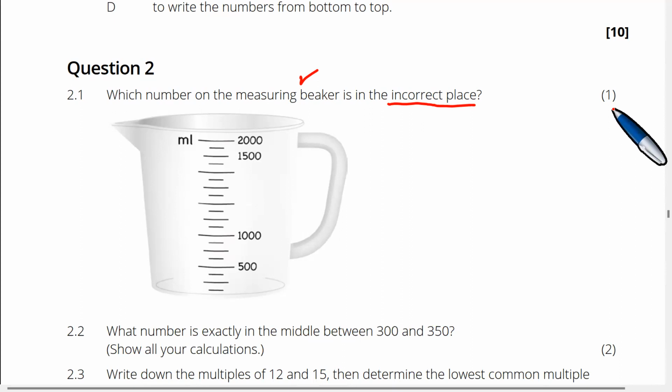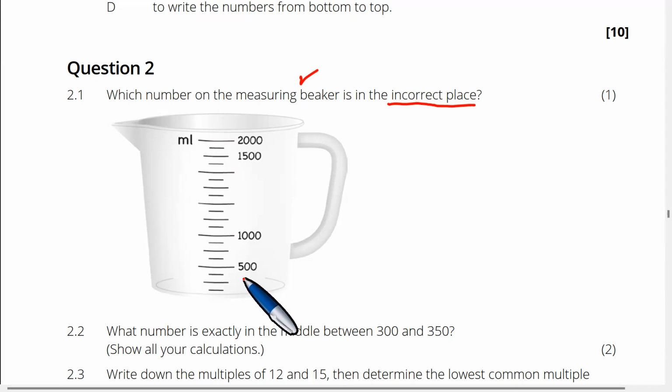This is called a measuring beaker because it is calibrated. It is marked in terms of the volume of the substance that it can contain, even up to the recommended capacity. Which number is in the incorrect place? Your thought, please.